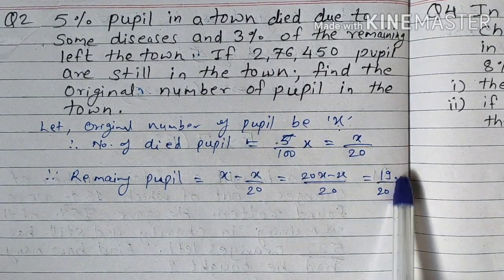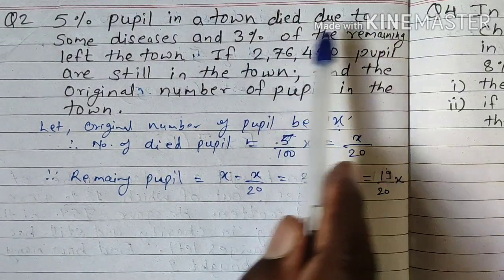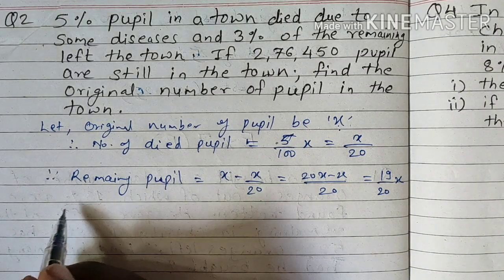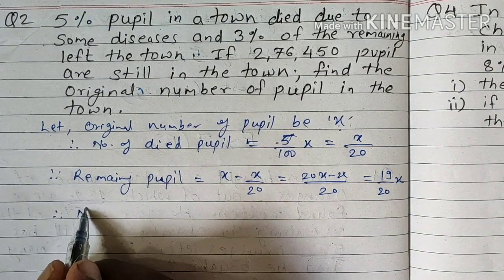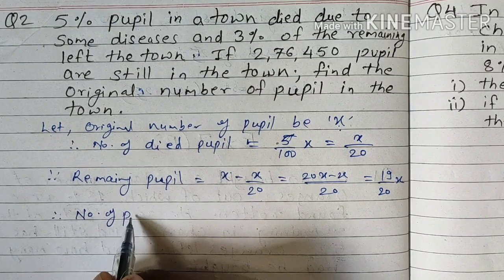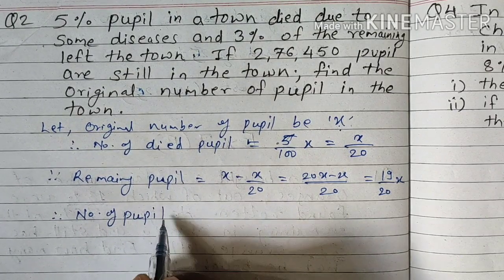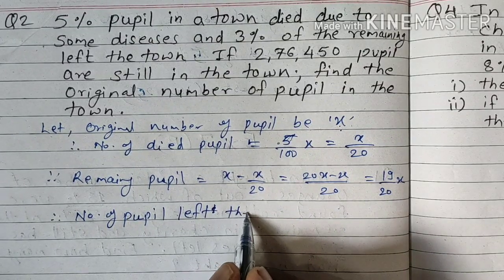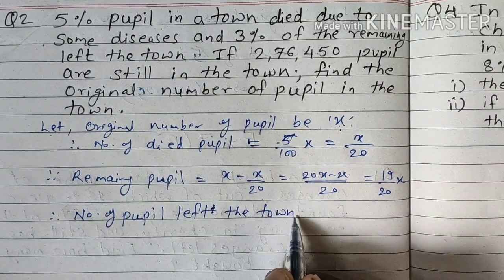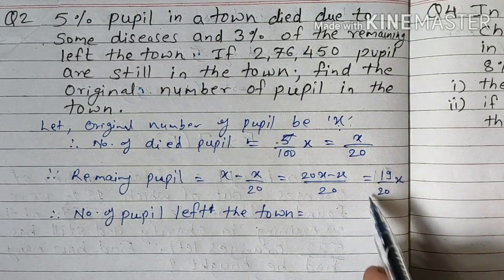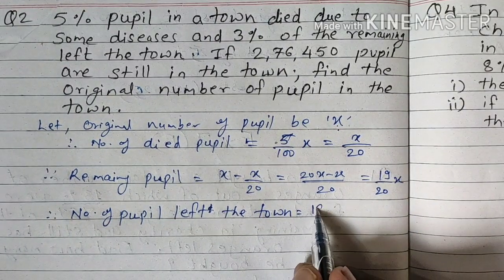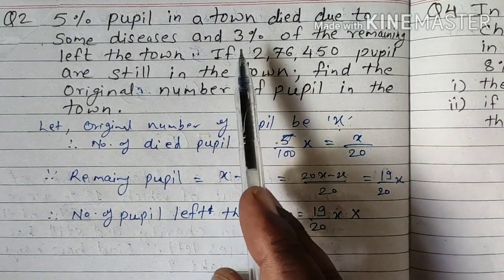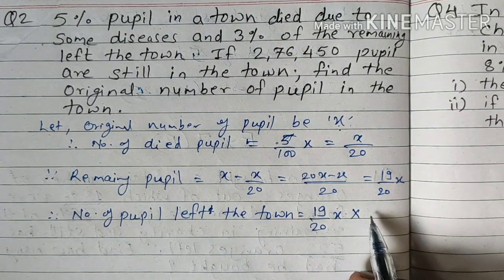Then out of this, 3% of the remaining left the town. So let us find out the number of people who left the town. These are the remaining people, and out of this, 3% left the town.